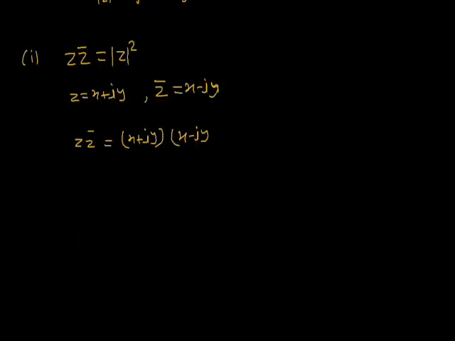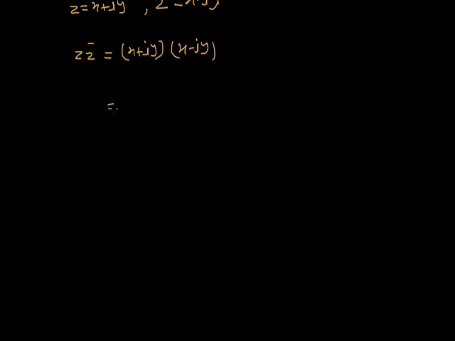Using the property of multiplication, it is exactly equal to x square plus iota xy minus iota xy minus iota square y square. Now it will become x square. We can cancel iota xy with iota xy, and we know that iota square is equal to minus 1. So when we multiply minus with minus, it will become plus. So it will become x square plus y square.